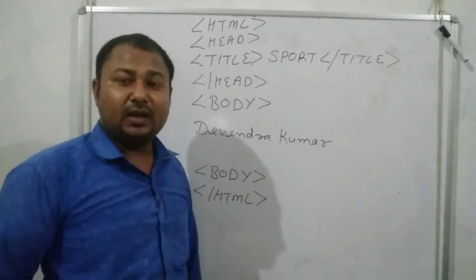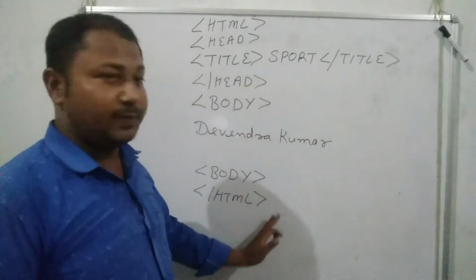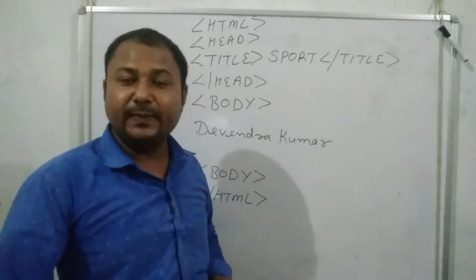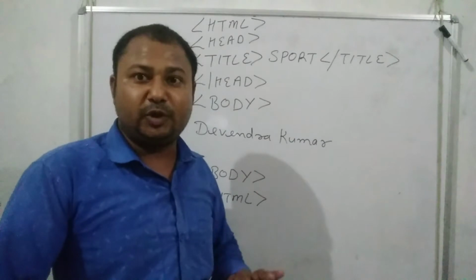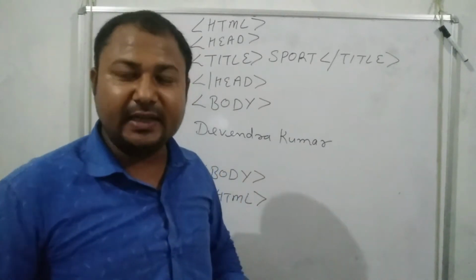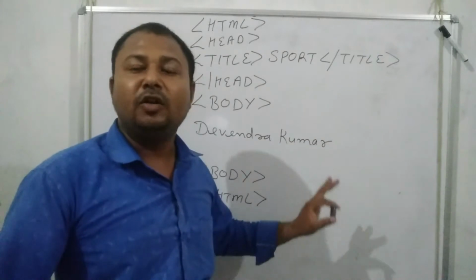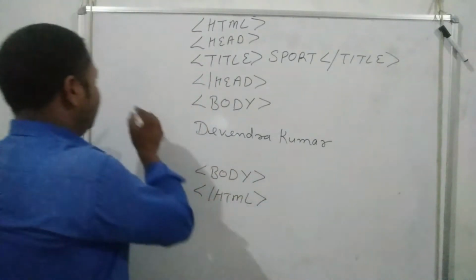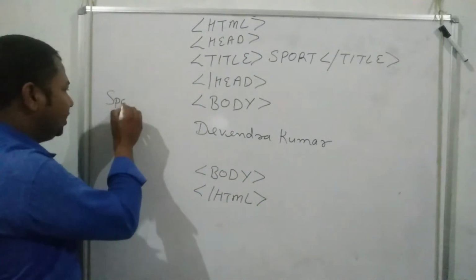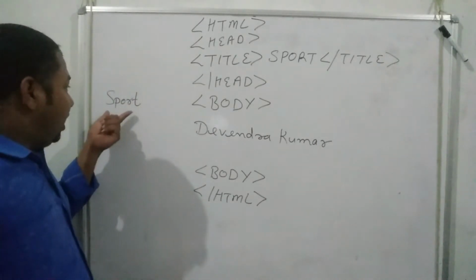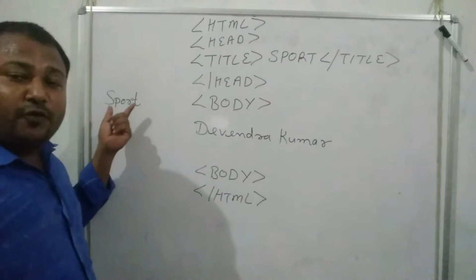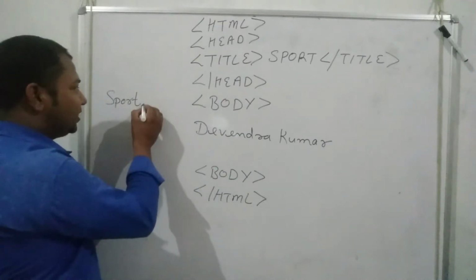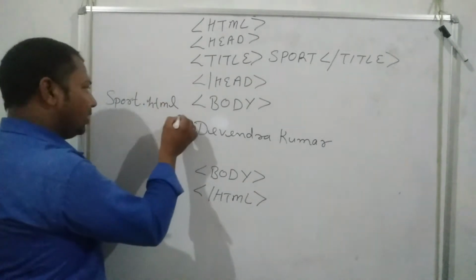How do we save this program in our computer system? Friends, we have to go to the save option. After that, we have to type the file name. Suppose I want to save this file with the name sport. After typing this name, we have to use the extension of this file, which is .html.